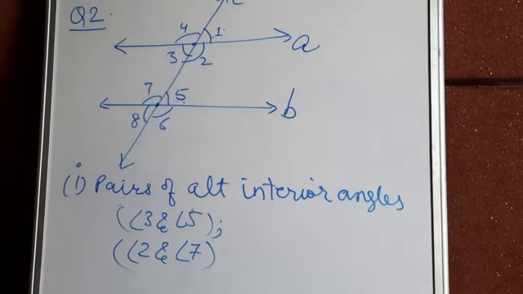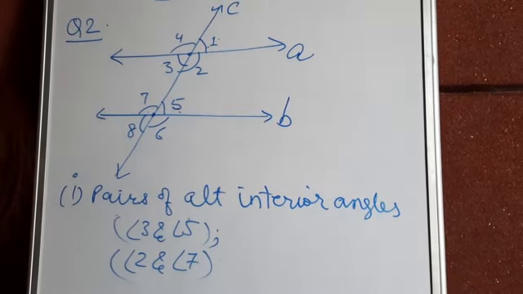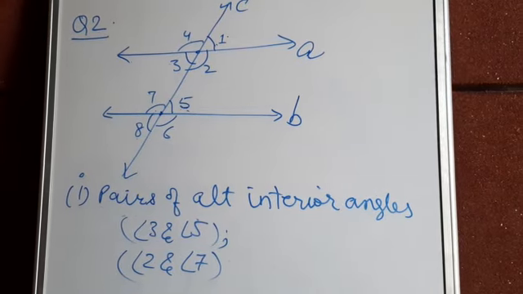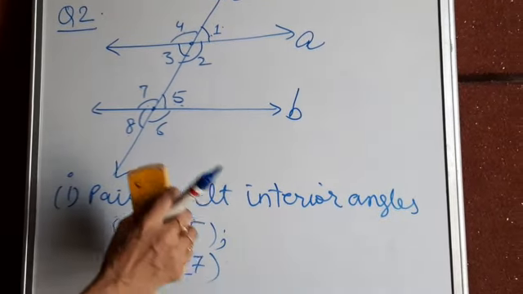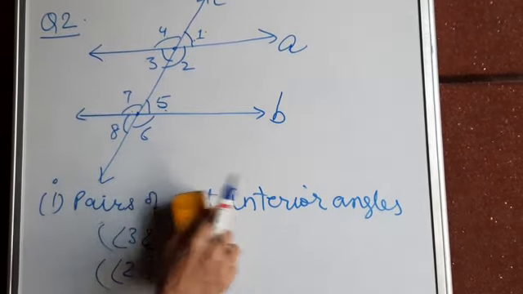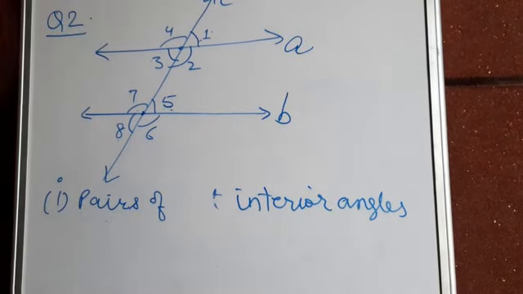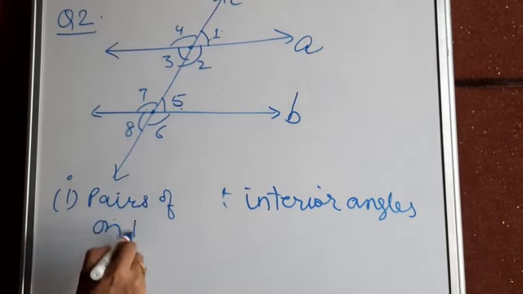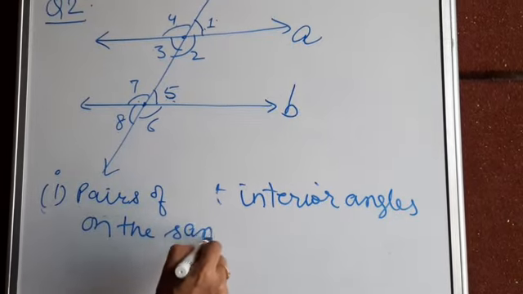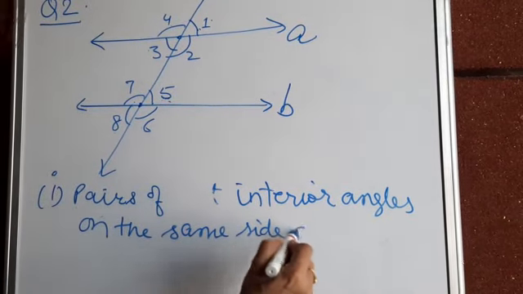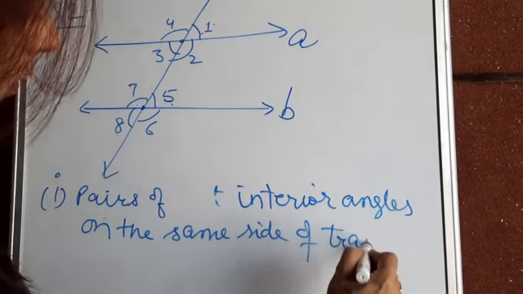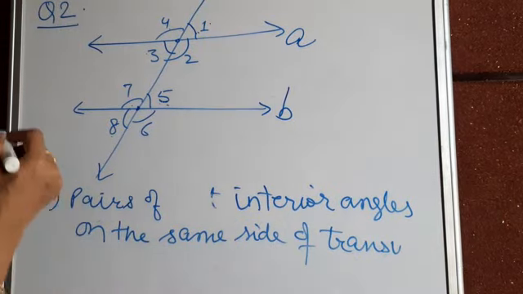Now the third part is pairs of interior angles on the same side of the transversal. Same side of the transversal means co-interior angles.